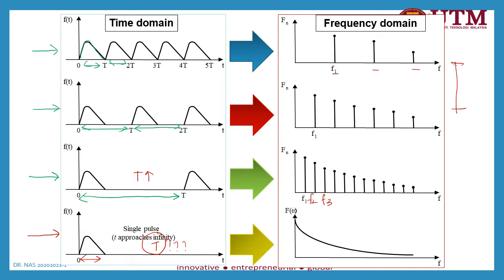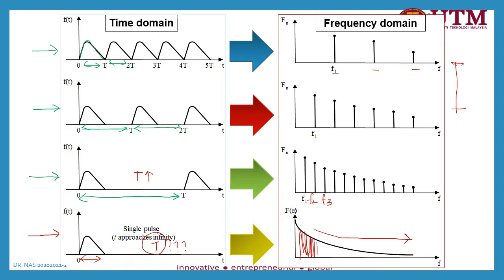But what happens when you have the unseen T? You don't know how long the T is. So the spectrum, or the signal in frequency domain, can be seen as a line spectrum up to infinity, because you don't know how small the F is. For example, like this.